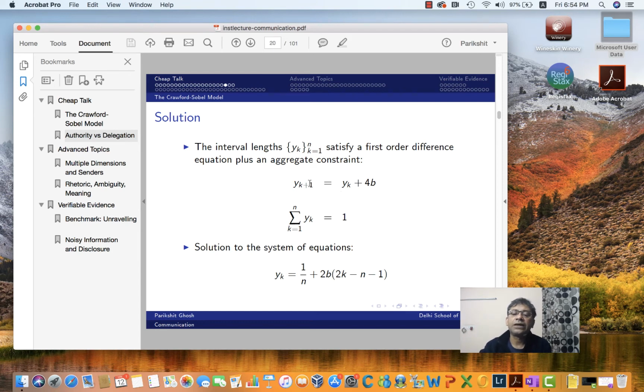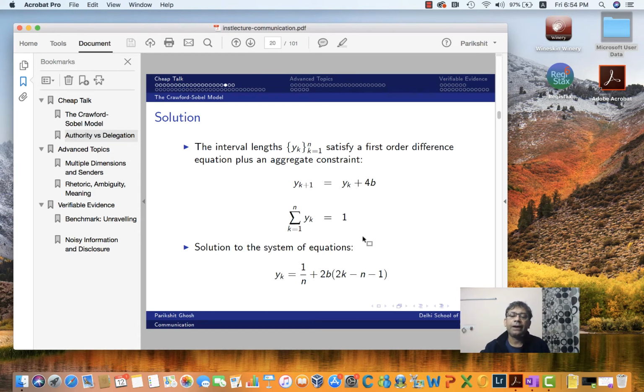Okay, so these are our difference equations, and this overall constraint has to be satisfied too. All these intervals have to add up to the whole range of theta, which is of size 1.